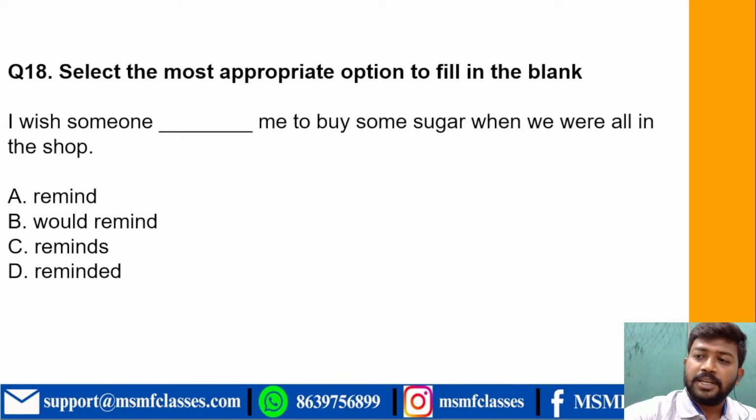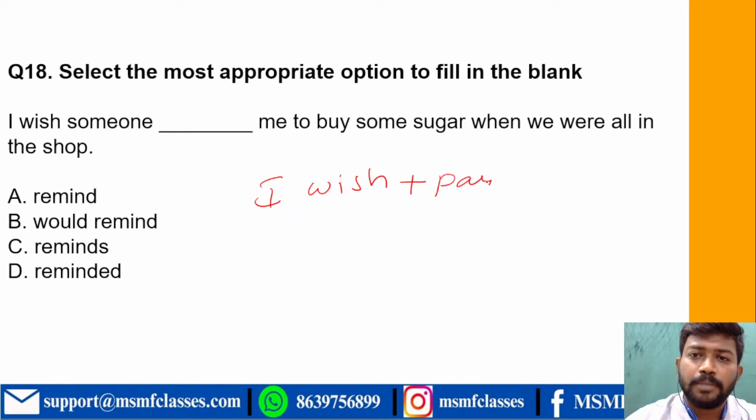Let me check if there are any comments. I wish someone dash me to buy some sugar. We were all in the shop. So you have a sentence structure. Whenever we are using "I wish", it must be followed by the past, not present. So "I wish" plus past.